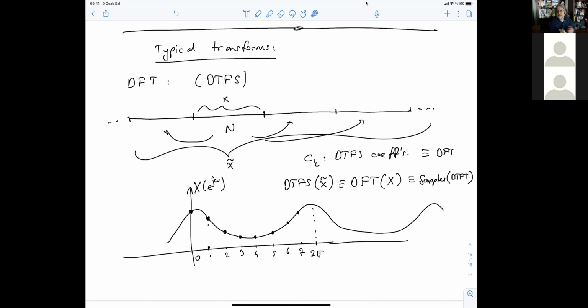So 8 points is clearly not enough, as you see, but with more and more points, the DFT will give you a very good rendition of this discrete time Fourier transform. So this is what the DFT is.